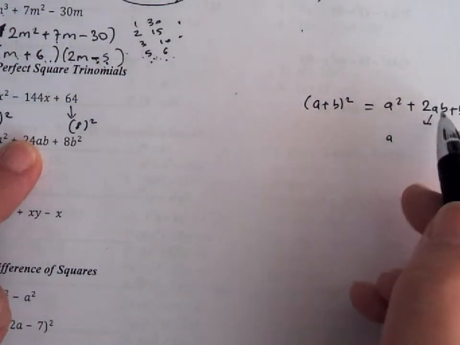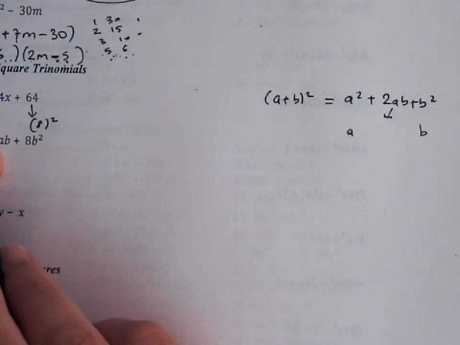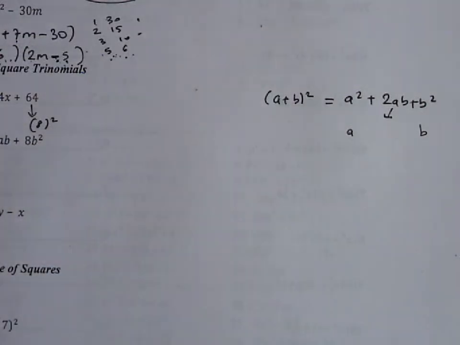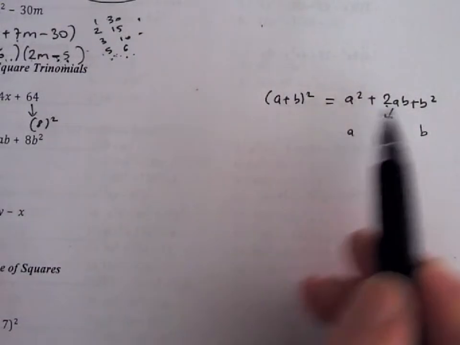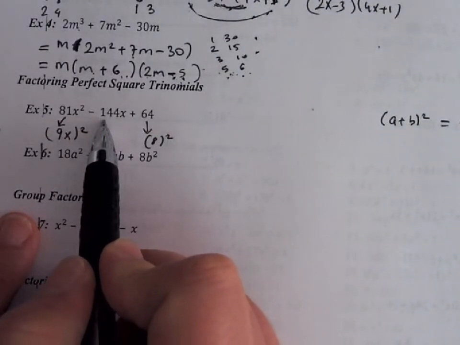That's how you get the middle term. So that is the reason. When I'm checking if this is a perfect square or not, I'm gonna take the square root of the first term, take the square root of the last term, multiply them, and multiply them by 2 to see if it matches with my middle term here.